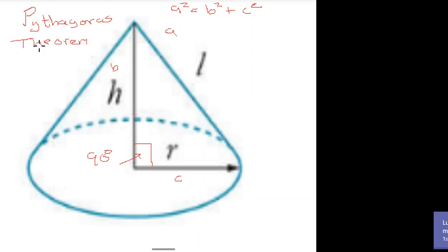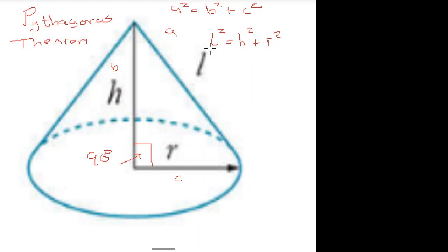Another way we can say it, in relation to the dimensions of the cone, is that the length squared is equal to the height squared plus the radius squared.